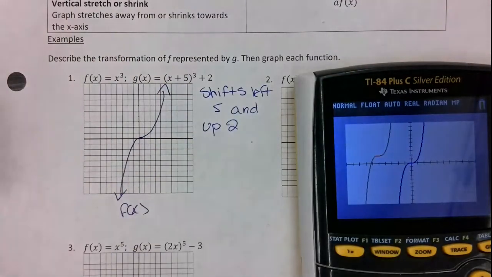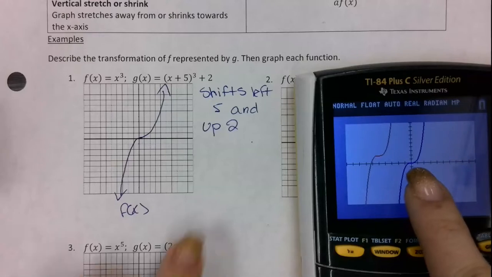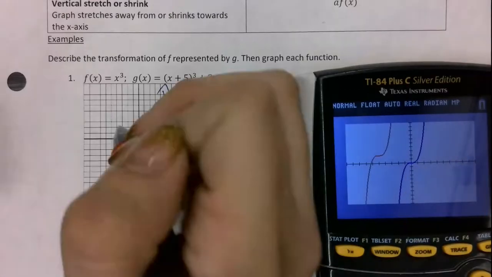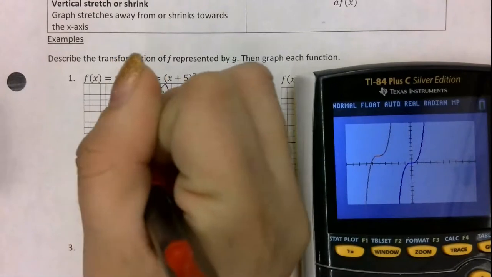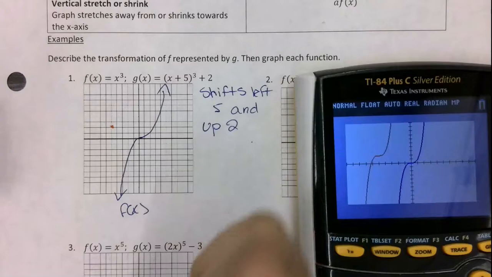Okay, so notice how, guys, the center is originally at 0, 0. We said it's shifting left 5 and up 2. So if I count 1, 2, 3, 4, 5, up 2, that should be the center of the red one.